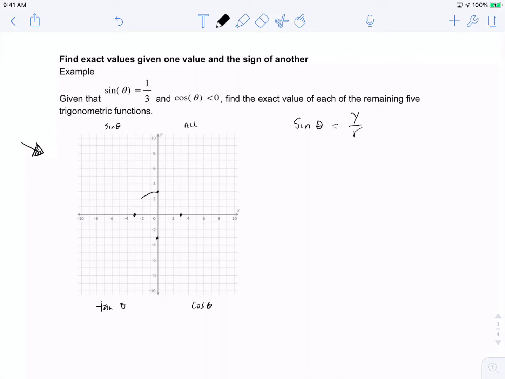Graphing this circle, it's going to look something like this. It's not a very good circle. But you can see that the point that I'm looking at, the y value is 1, and the radius from here to here is 3. So now we know that this point right here, I don't know the x-coordinate, but I know that y is 1.